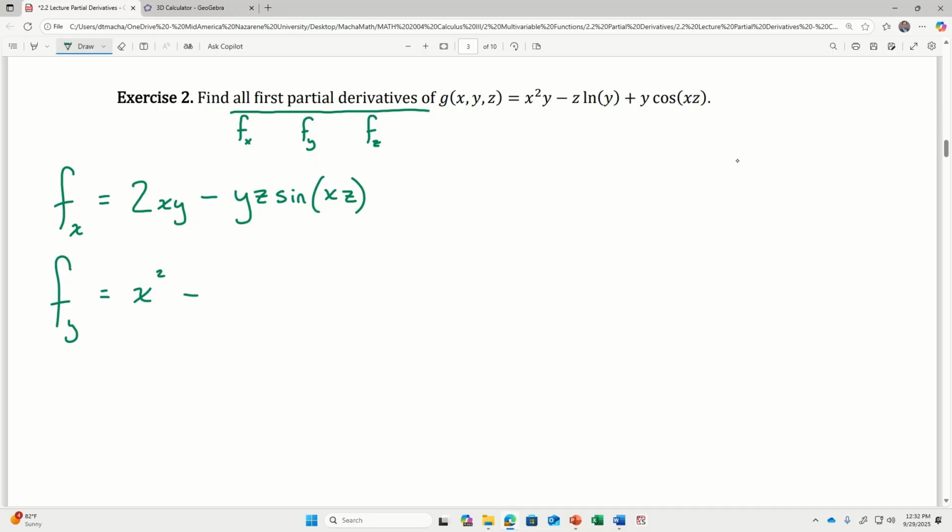Yeah. Plus cosine x. Very good. Last one. What is the partial with respect to z?